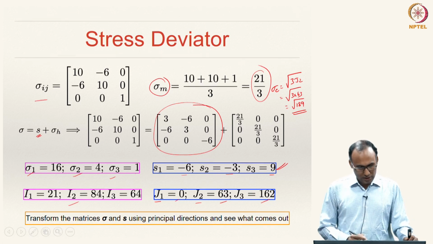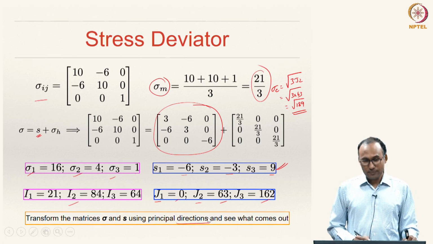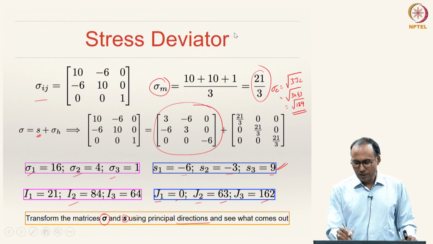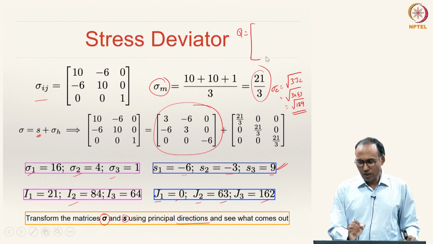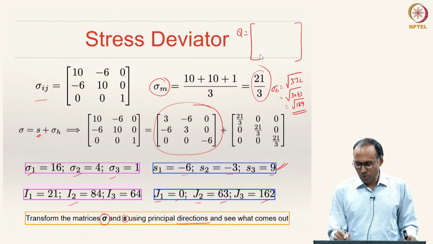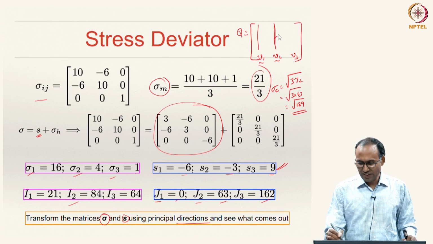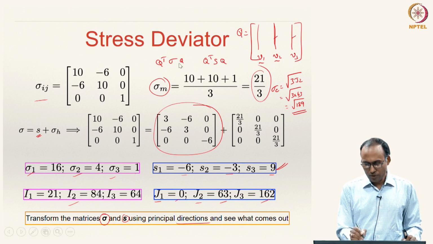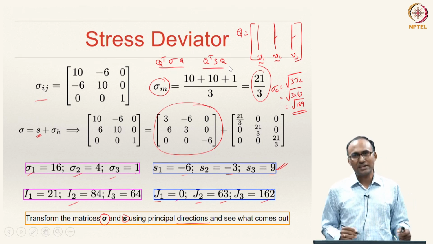And if you would use the principal directions to transform our sigma and S, so let us say you are constructing a matrix Q such that my principal directions V1, V2, V3, 3 vectors, this is the vector corresponding to lambda 1 or the sigma 1, this is the vector corresponding to sigma 2, this is the vector corresponding to sigma 3. Then if you write Q transpose sigma Q and Q transpose S Q, you do this transformation and see what you will get, okay.